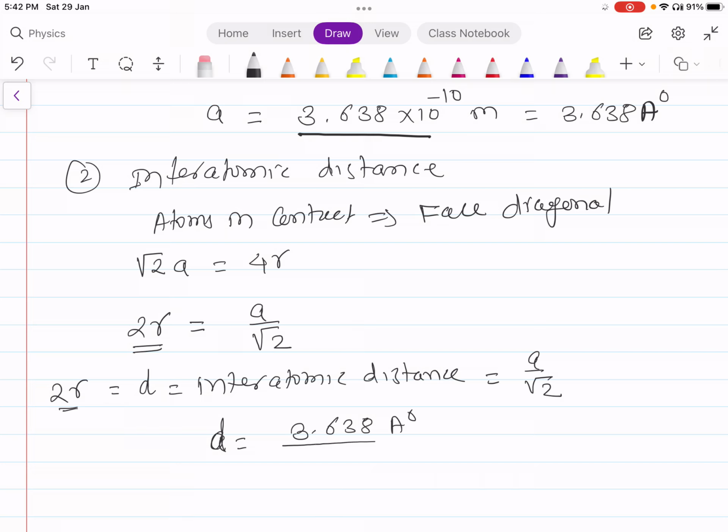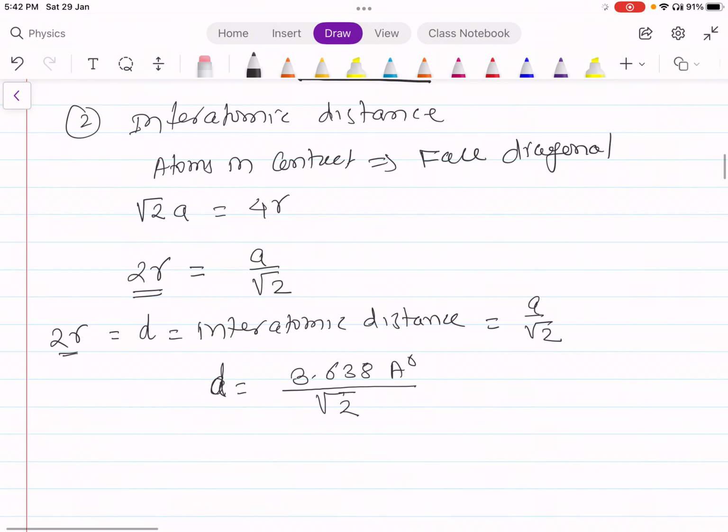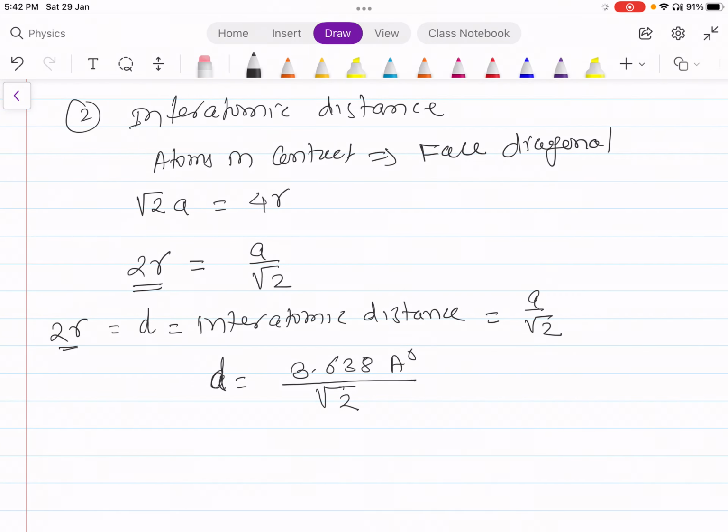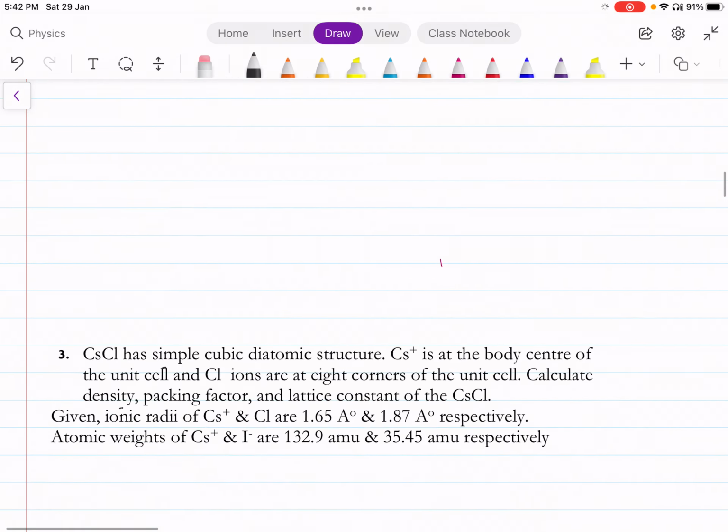This is a in terms of angstrom divided by root 2. This is the interatomic distance, and this is equal to 2.57 angstrom. So the distance between the two copper atoms is 2.57 angstrom. So this was the second sum.